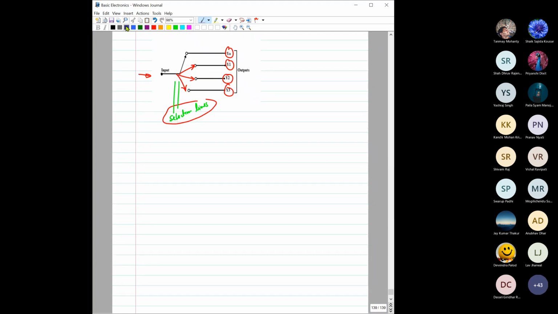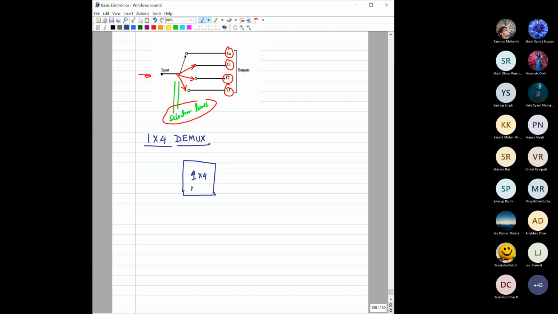Let us consider this 1 cross 4 DMUX. DMUX stands for demultiplexer, and MUX stands for multiplexer. How does it look? If you draw it in a box shape, it is something like this.